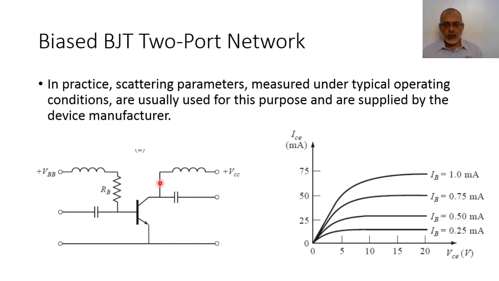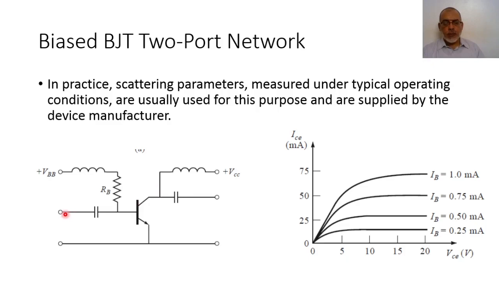So for microwave devices or circuits, we are trying to avoid using resistors as much as possible. For the case of the base, we must have a current limiting resistance RB, but for the collector, we don't need to add a resistance RC.